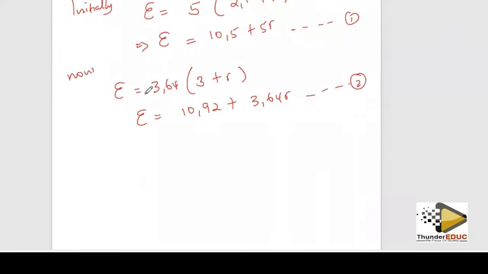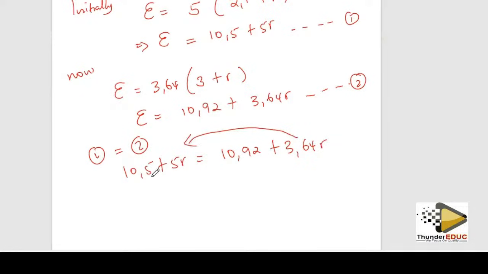Since the EMF is the same, I can equate equation 1 and equation 2. So that my 10.5 plus 5R is equal to 10.92 plus 3.64 small r. Let me move the r's this side. Let me move the constants that side. So 5 minus 3.64 is going to give me 1.36 r.